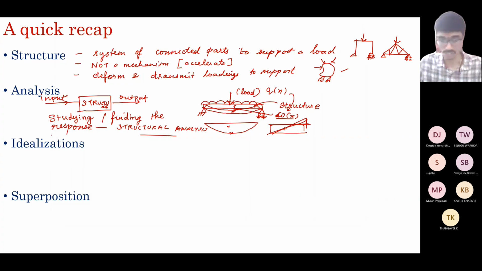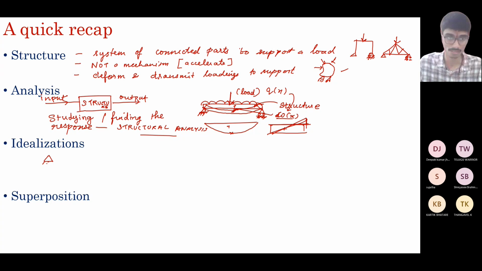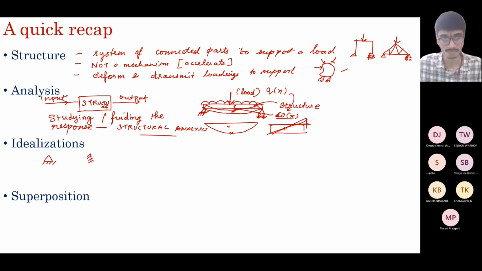So what is idealization? Why? Because in reality, what I just drew here, what you call a hinge joint, and this fixed joint. It's a fixed joint. This is a hinge joint. In reality, you don't have joints like this.